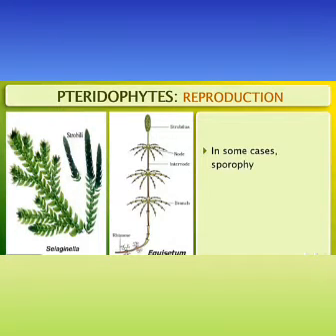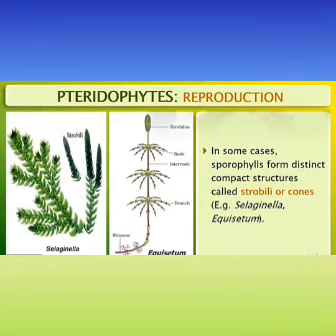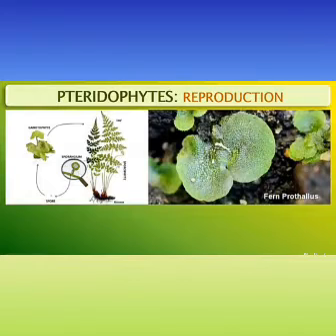And in some cases, the sporophylls form distinct compact structures called strobili or cones. You see in the picture, they will form like cones on the top. Example, Selaginella, Equisetum. Check the pronunciation, children, Selaginella and Equisetum.